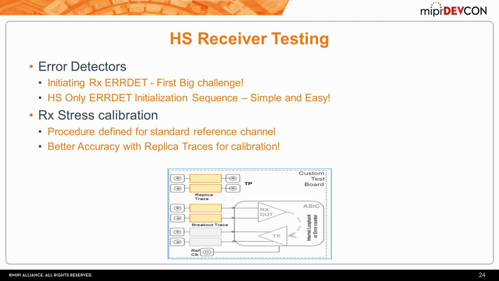Another one is to get that calibrated eye which we saw, right? We could do it in two ways. Either embed the channel on the generator and try to generate a stimulus, or even better would be to have a replica trace in your board. This is actually a screenshot from one of the CTSs. Can't remember which one, right?